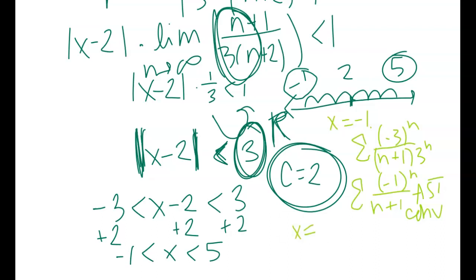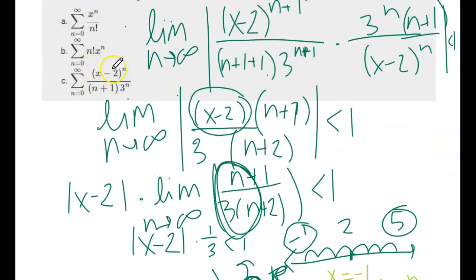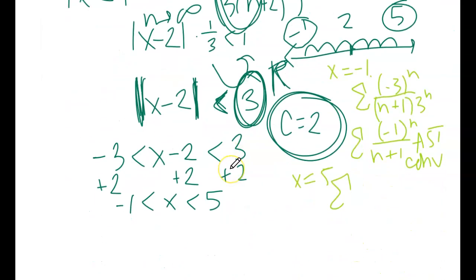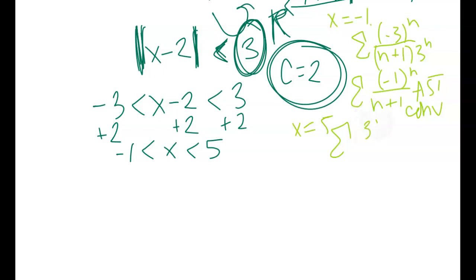If I plug in x equals 5, let's see. If x equals 5, I then have positive 3 to the n over (n plus 1) times 3 to the n. The series is 1 over n plus 1. That is divergent. Okay, it models 1 over n. You can just say divergent for me, that's totally fine.